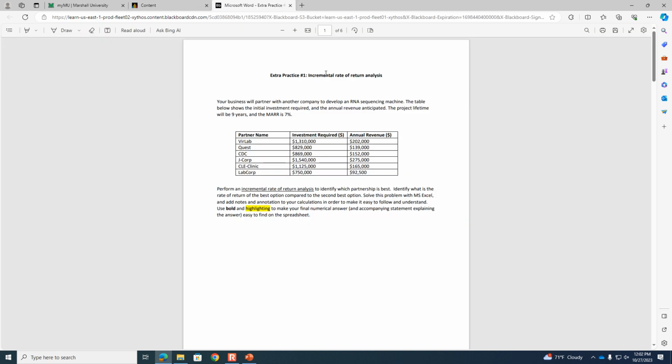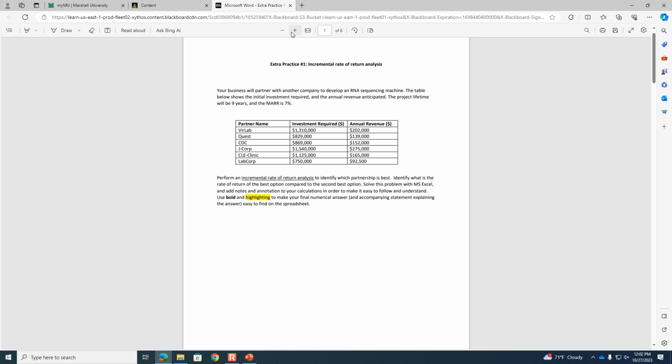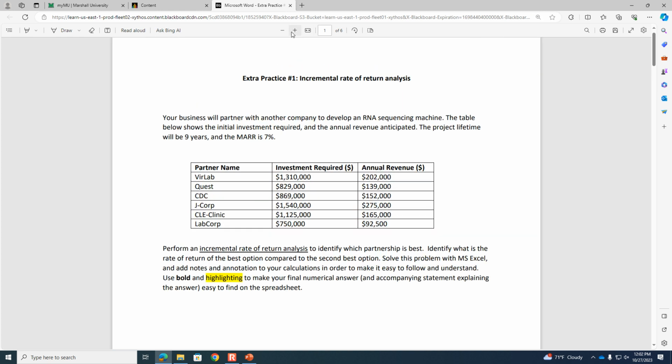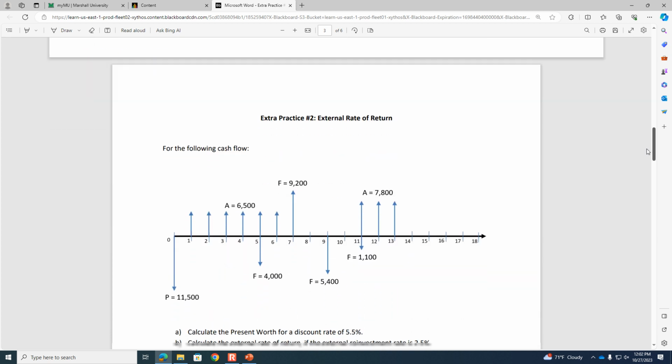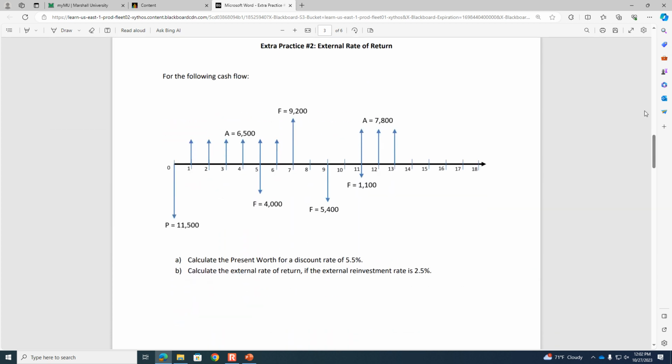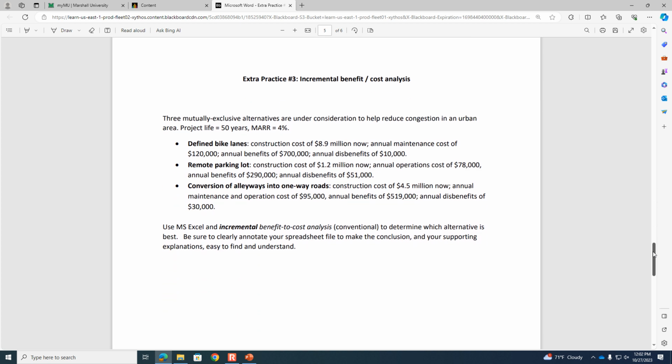There's no guarantee that these are the questions that will be asked on the exam. These just happen to be some extra practice problems that I had from a previous semester. There's a practice problem where you could revisit incremental rate of return and the solution, another one for external rate of return and the solution, and then a problem for incremental benefit cost analysis.